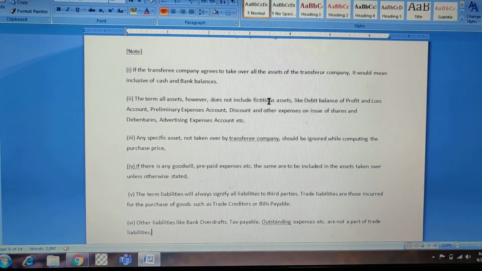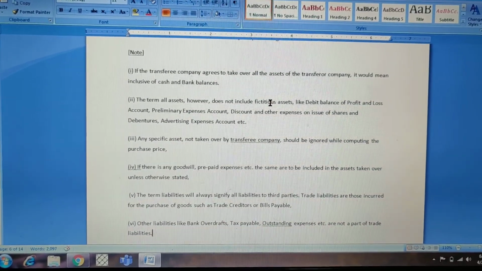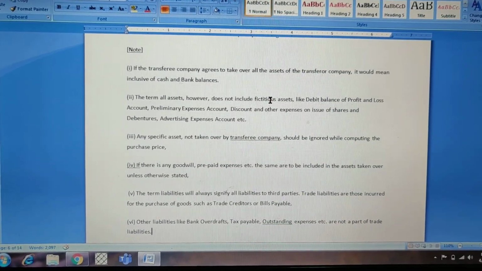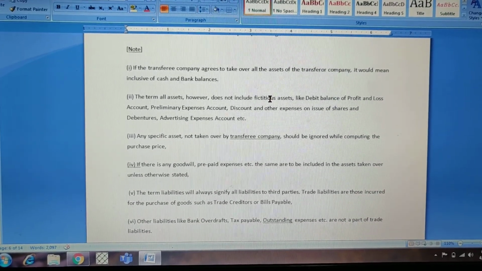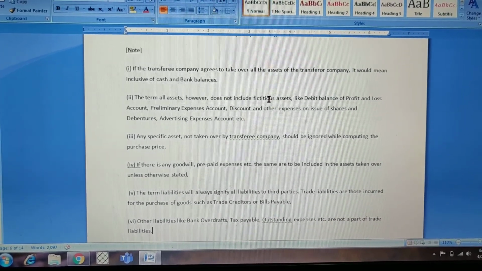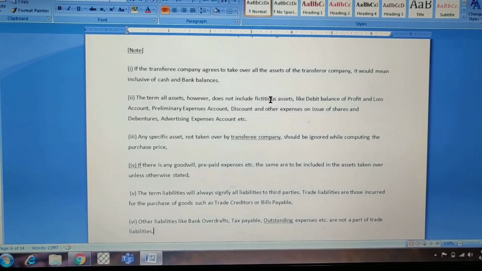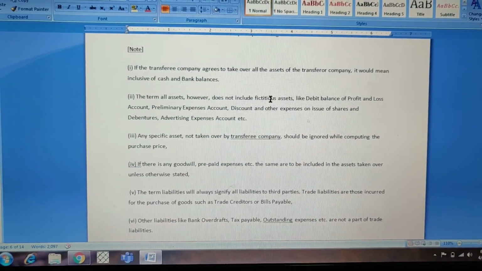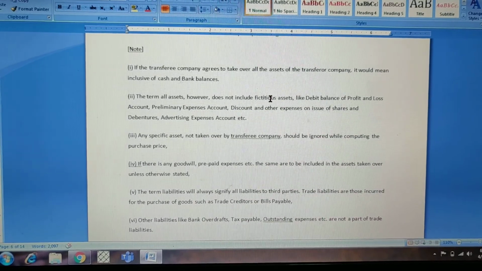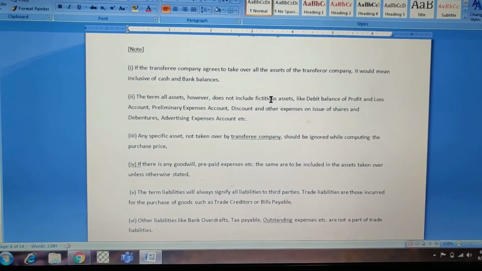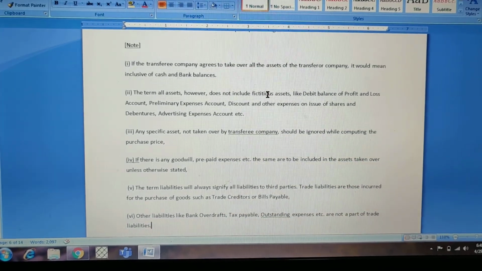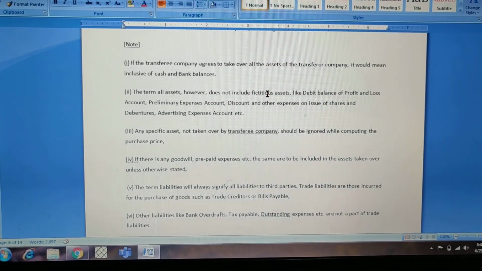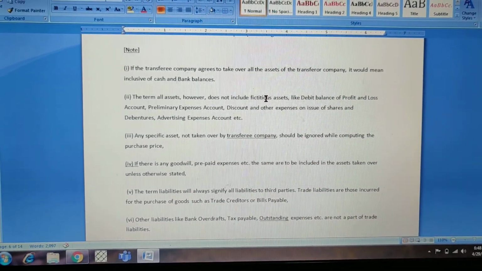You cannot say that cash will be agreed to be taken over at this value. Since it is cash, you cannot increase or decrease the value of it. Like if I have the cash of 5,000, you cannot say that I will take your cash of 5,000 at 4,000 value. You cannot do it. Okay, so the cash and bank balance as it is given, you have to take that only.